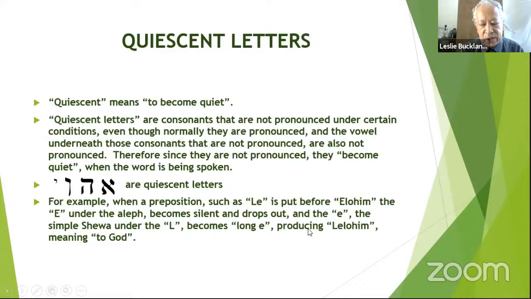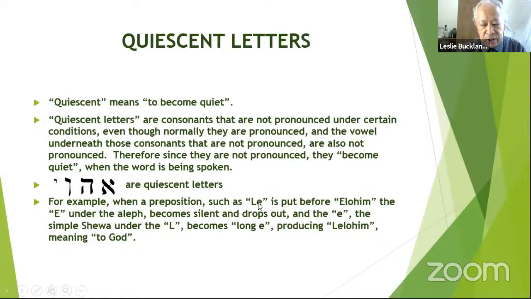And so what you have is another word being formed, Lelohim. So the Aleph is not pronounced ordinarily. The original E in Elohim is removed because the Aleph has become quiet, and the vowel, the composite Shawa that is under the Aleph, which is actually called Katef Segol, drops out.